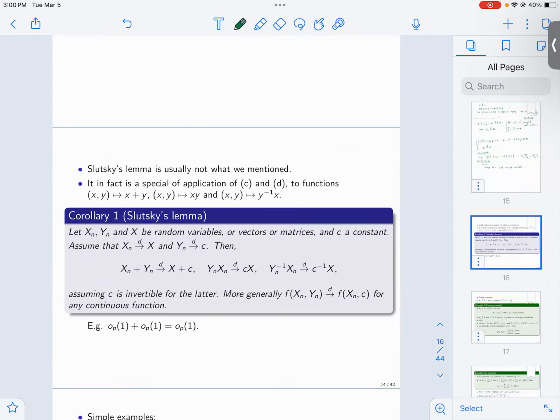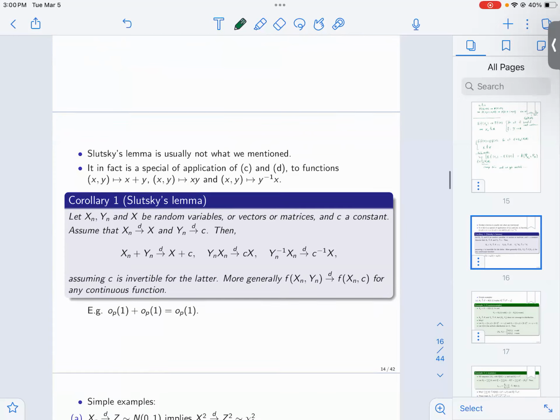If they are compatible, you can take matrix multiplication, and c times X will also be valid. Also Yn inverse times Xn converges to c inverse times X, where everything could be a matrix or scalar, assuming c is invertible, or non-zero in the case of a scalar. More generally, continuous functions converge. This is often the statement of Slutsky's lemma. We'll see an example shortly.